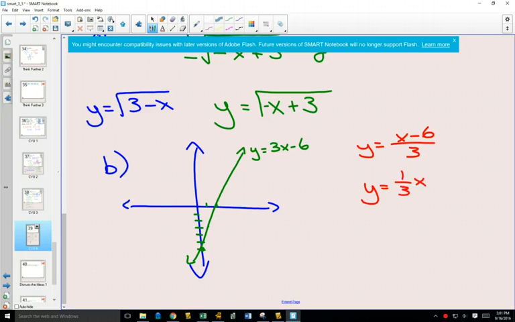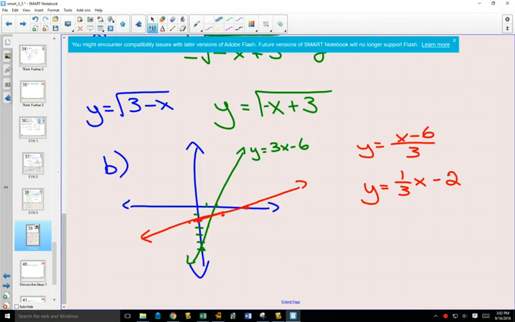I could have 1/3 of x, and then -6 divided by 3 being -2. And that puts it in y equals mx plus b form. I now have a y-intercept of -2, up 1 over 3, up 1 over 3. And this is the graph.